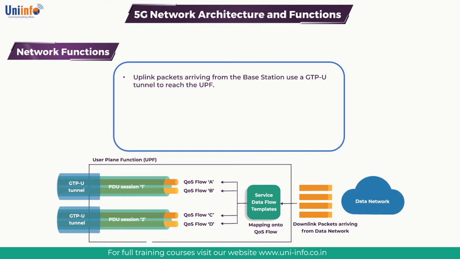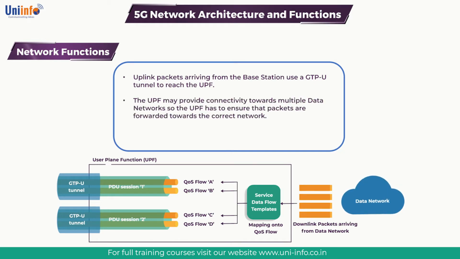The UPF has to remove the packet headers belonging to the GTP-U tunnel before forwarding the packets into the external data network. The UPF may provide connectivity towards multiple data networks, so the UPF has to ensure that packets are forwarded towards the correct network.